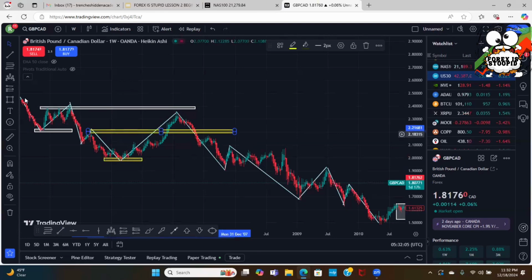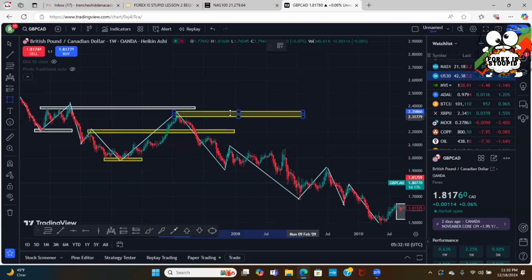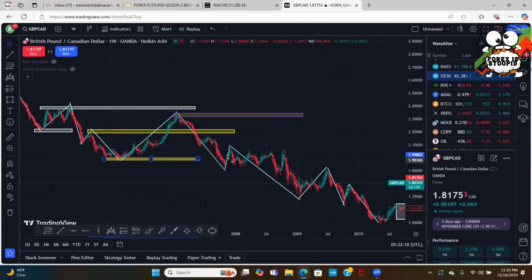Price made a new high here, but it couldn't close it. So it came back down to retest this low, which is the yellow. And when price broke below it here, boom, broke below it. Price created a new high and a higher low. So this was a higher high, followed by a higher low right here.